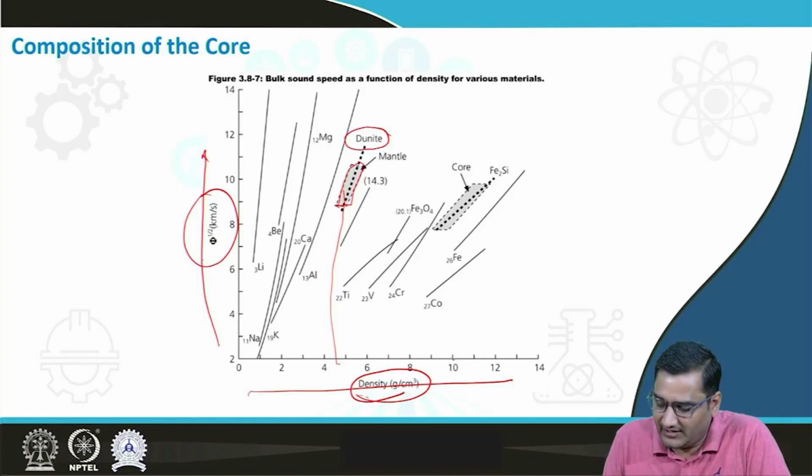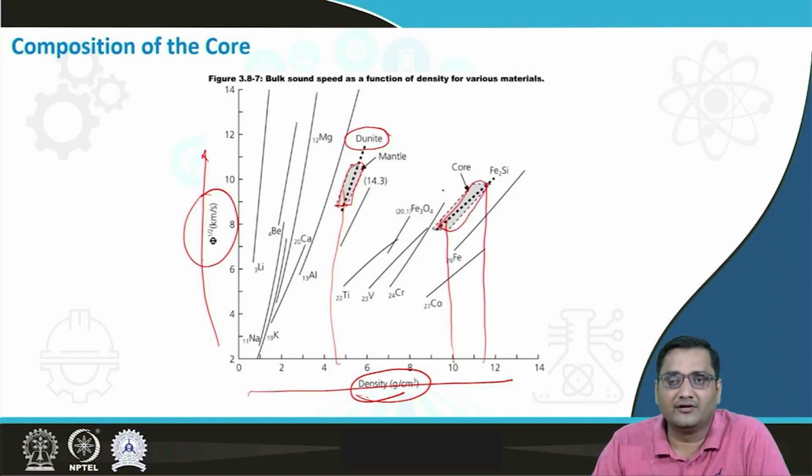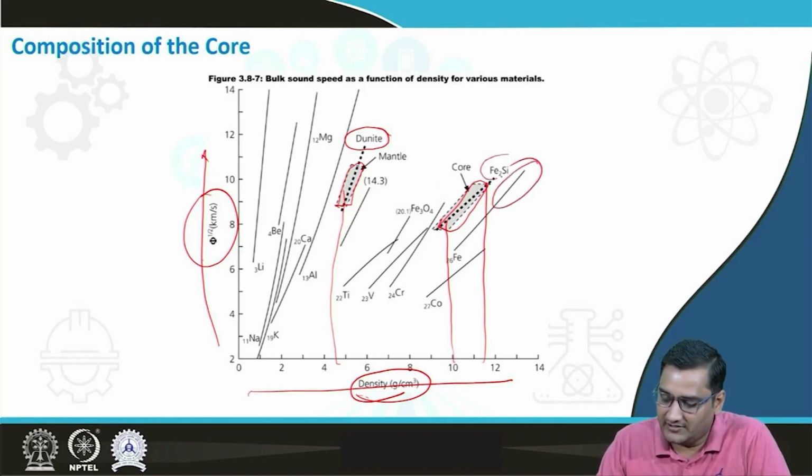And if we look at the core density, between 10 to 12 gram per centimeter cube, it comes into this region, on the left of pure iron. So this has a lighter element component coming into it, that is silicon.